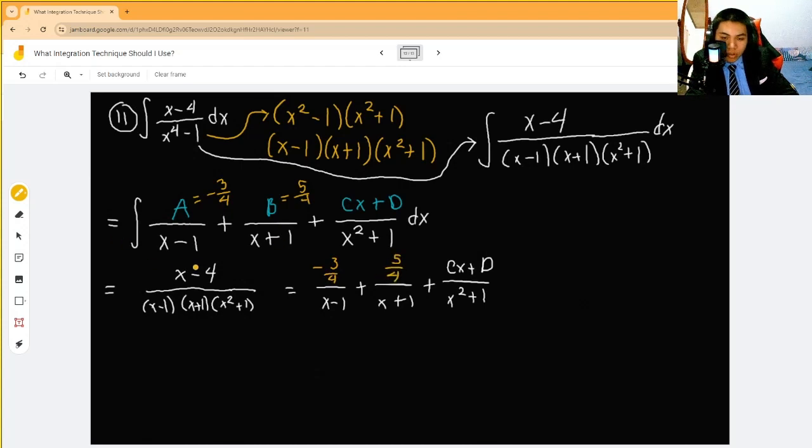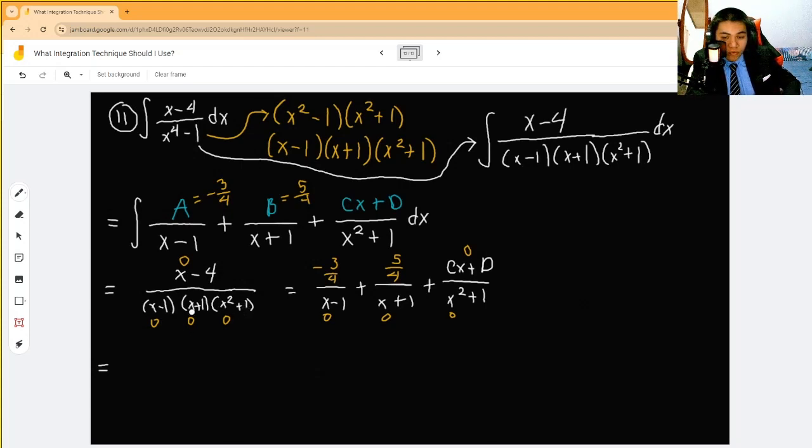Now we plug in zeros all over. Let's do this in our head. 0 minus 4 is negative 4. 0 minus 1, negative 1. 0 plus 1 is positive 1. 0 squared plus 1 is positive 1.